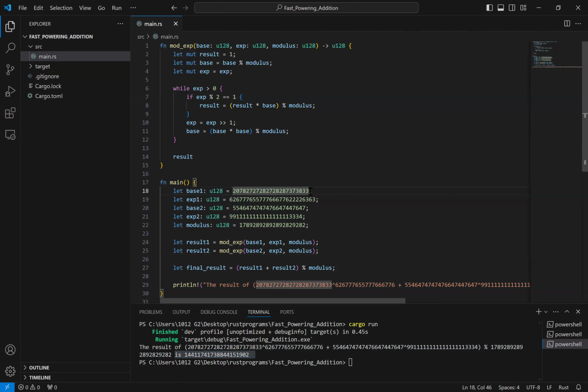I've changed the exponent for the first number. I've also changed the power, now the base. Let me also change this and change that. Let me increase the mod a bit, and run again.